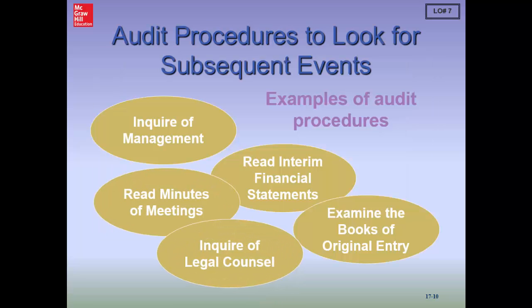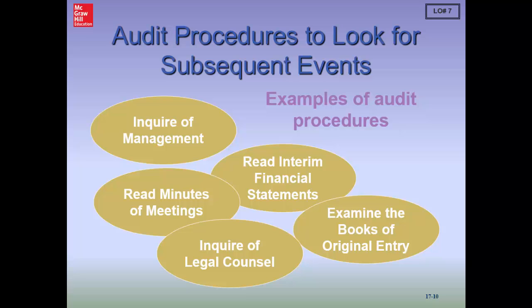Subsequent events, and what we're looking at during this period of the subsequent period is we want to identify any subsequent events. So how are we going to do this? Well, the first thing that we're going to do is ask management what's actually happened. We want to read the interim financial statements. If you read the interim financial statements, let's say they're issuing a monthly report, and we see, hey, wait a minute, there's an additional $10 million in the bank.